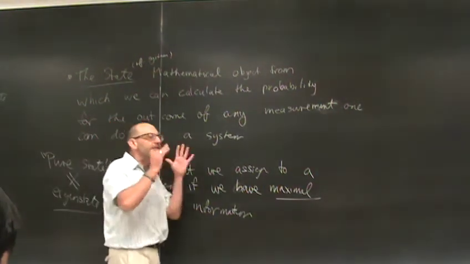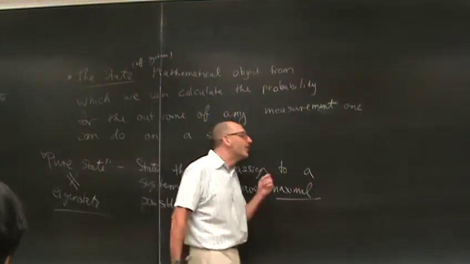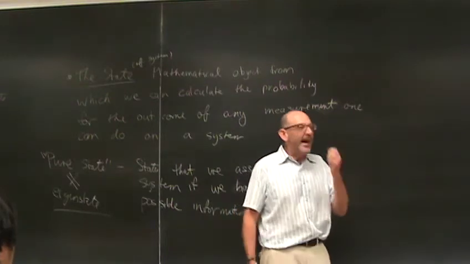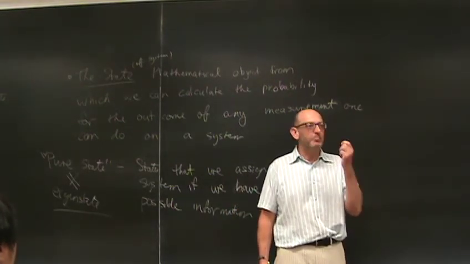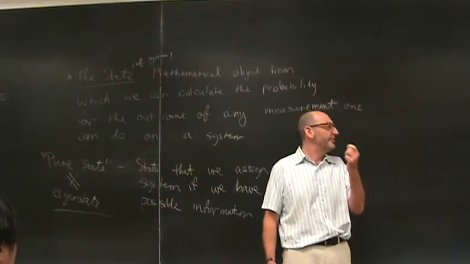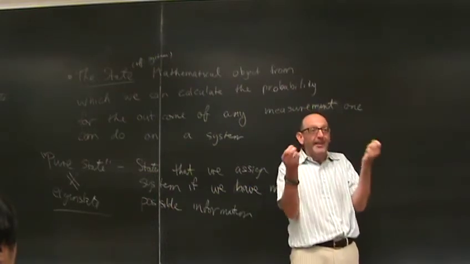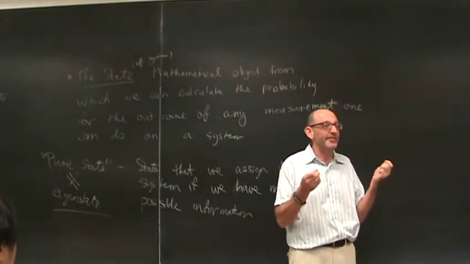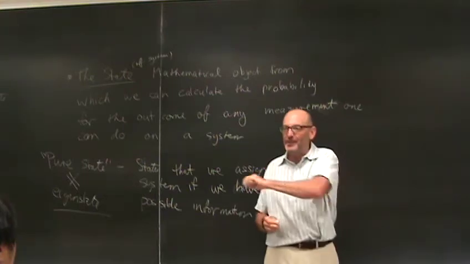It was at 0 temperature. It's the equivalent in classical mechanics of a point in phase space. A point in phase space is a pure state. That means that's the maximum possible knowledge you can have about a classical system. It's that point in phase space, and then it undergoes some trajectory.